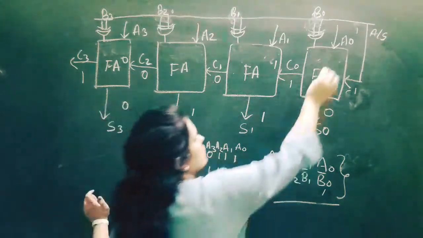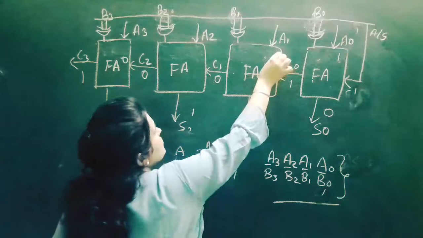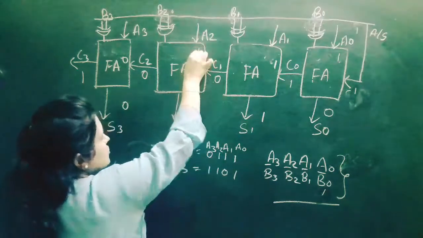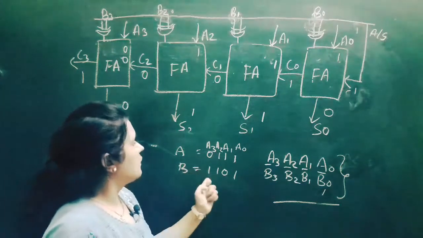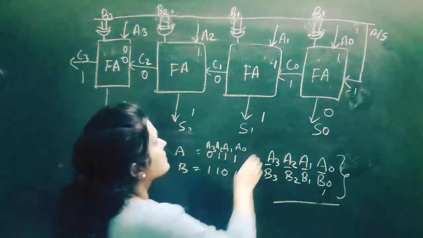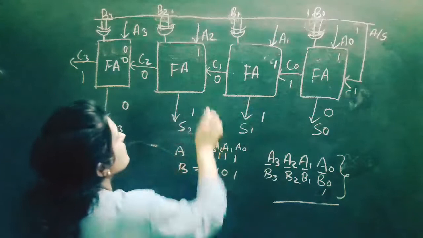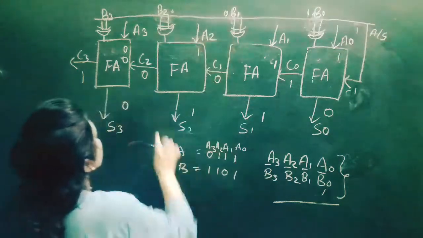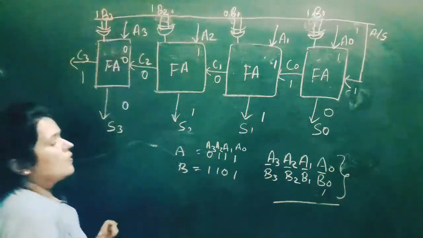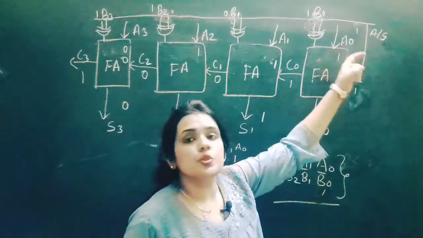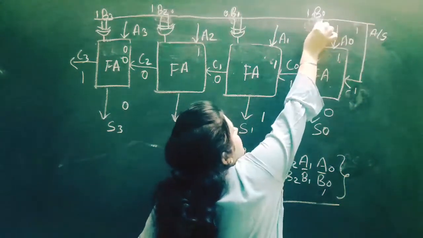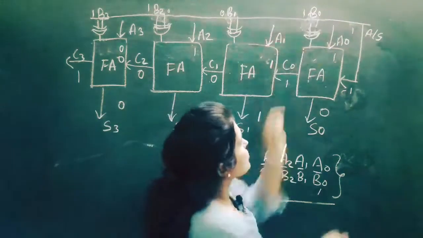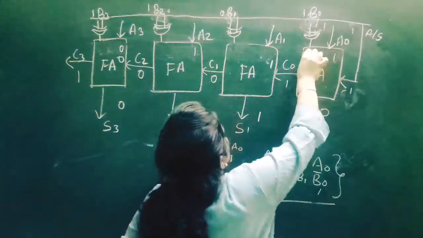So A0 will be 1, A1 will be 1, A2 will be 1 and A3 will be 0. What is the value of B? 1101. So this is 1, this is 0, this is 1 and this is again 1. For subtraction, this signal should be equal to 1. So 1 will be XORed with B0. So 1 XOR 1 will be equal to 0.